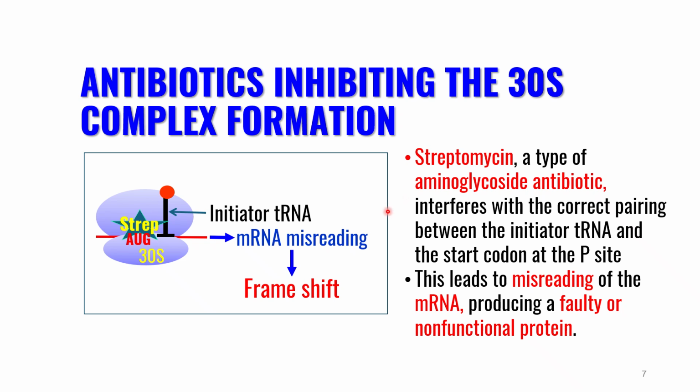This binds with the 16S ribosomal RNA of the 30S subunit, interfering with the correct pairing between the initiator tRNA and the start codon on the messenger RNA at the P site. This incorrect binding leads to misreading of messenger RNA, producing a faulty or non-functional protein and thereby killing the bacteria.